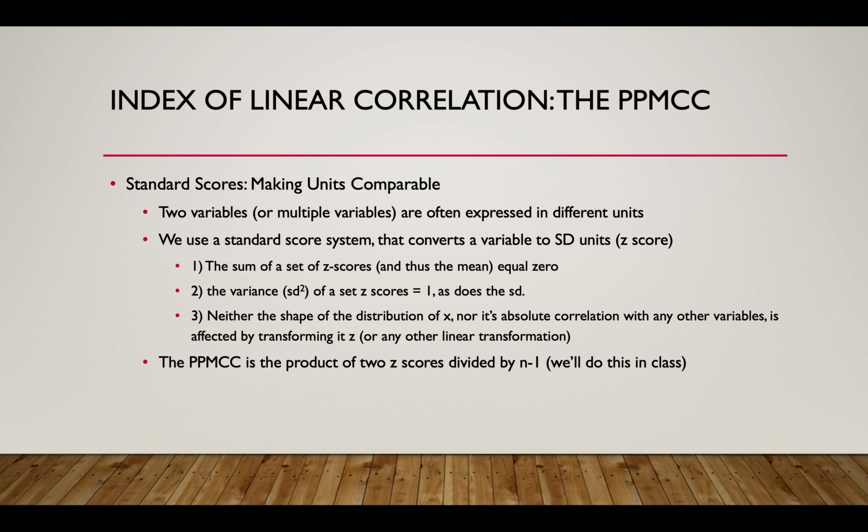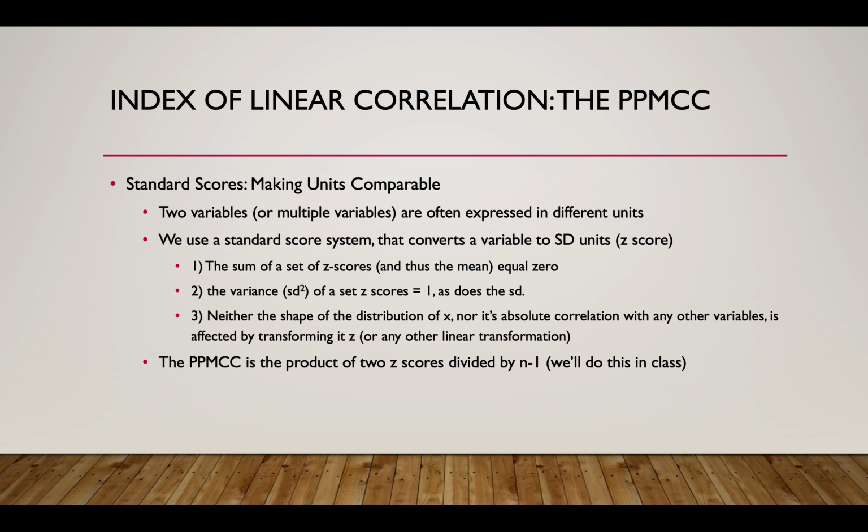Age is obviously measured in years or months or seconds. Weight is measured in pounds or kilograms or tons. They're not measured in the same unit, and so understanding the relationship between two variables based on different units can be difficult. We use a standard score system in order to do this that converts variables to standard units with a mean of 0 and a standard deviation of 1. This is essentially a z-score.